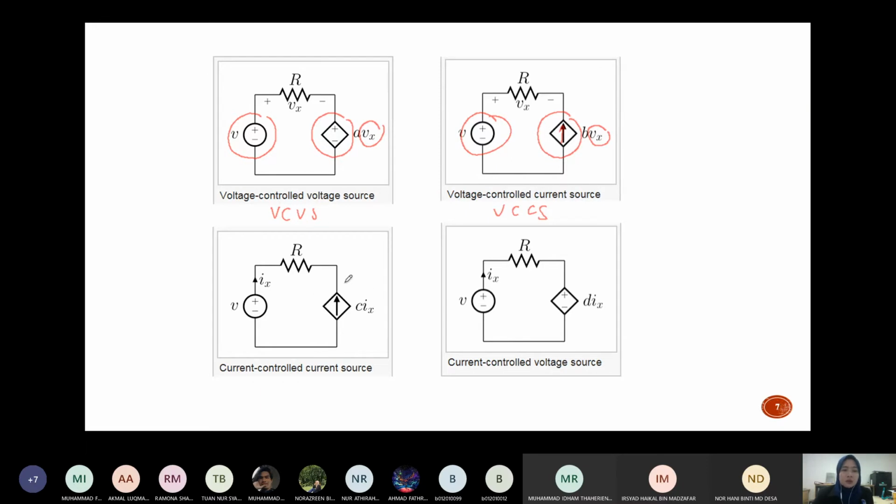This one is the dependent current source. It is dependent on the current. So that's why the name is current controlled current source. And the last one is the dependent voltage source. It is dependent on the current. So the name is current controlled voltage source.